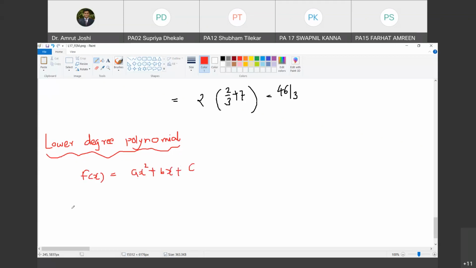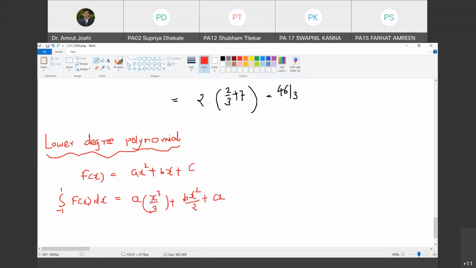Yes, sir. And if I forcefully integrate it using 2-point Gauss quadrature, what happens? So what is our task? Integrate this polynomial from -1 to 1, f of x dx. What is the exact integration? Traditional way. Chalo, tell me: a x cubed by 3, plus b x square by 2, plus cx.